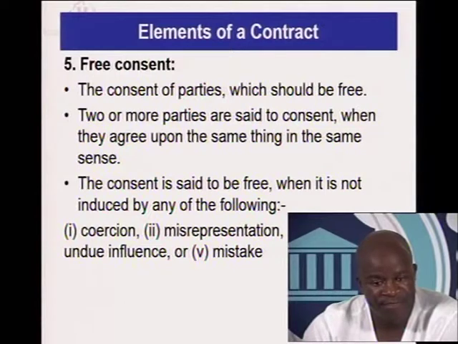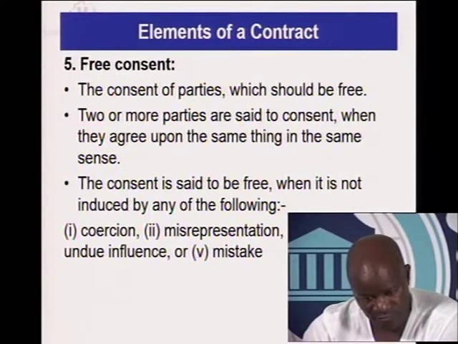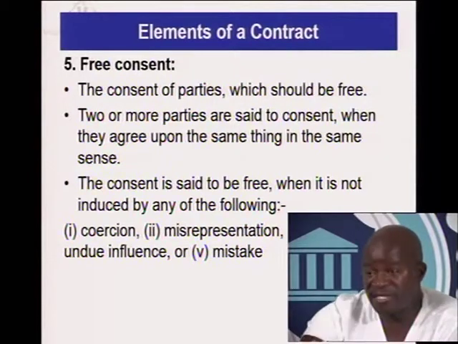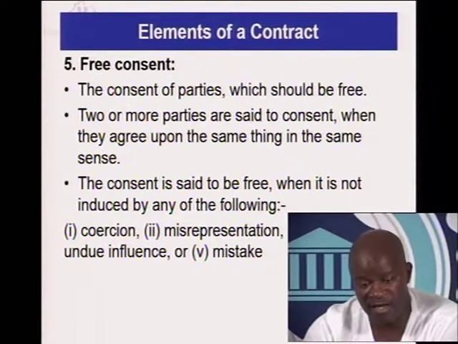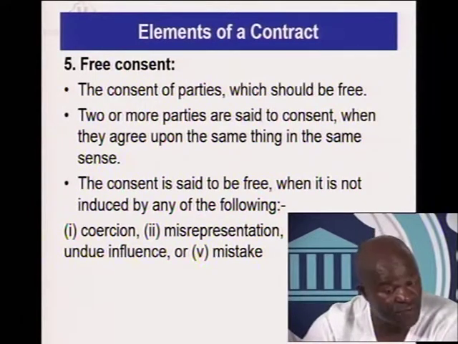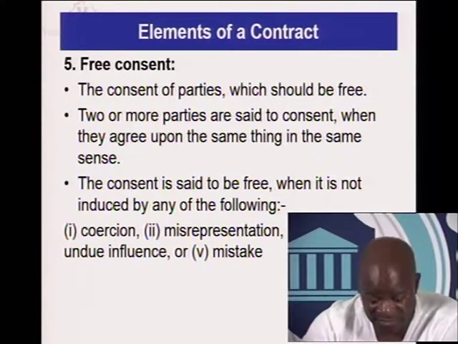Now we're saying there must be free consent. You cannot force somebody to say, make me an offer on that thing, and the person out of fear makes an offer and you accept. There's no free consent there. It's coerced. Let me give you an example.